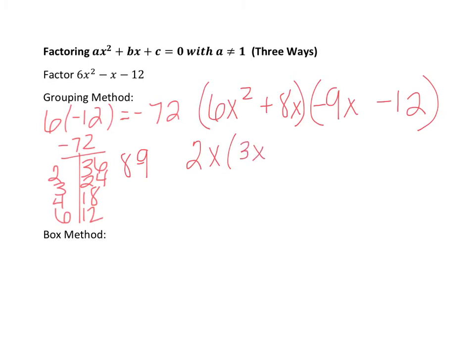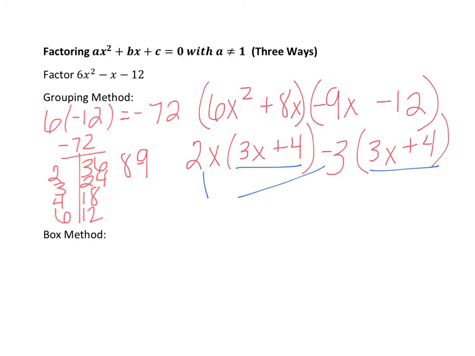I would have a 3x plus 4. What do my other two have in common? A negative 3, so take that out. I'm going to have a 3x plus 4. It's exactly what you want to happen. These are going to be the same, so I'm only going to keep one. I'm going to put these two together to make 2x minus 3 times one of my common ones, 3x plus 4. So that's grouping.